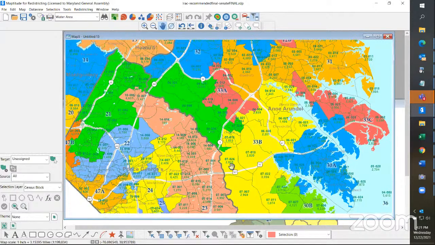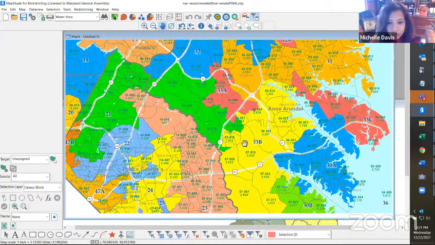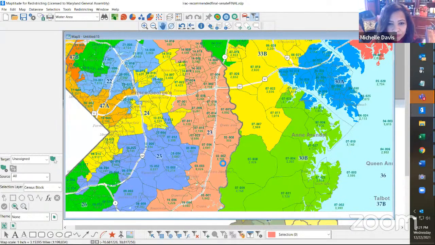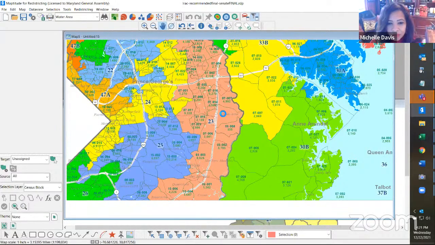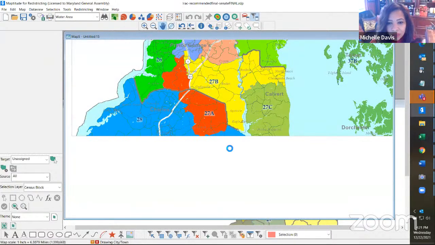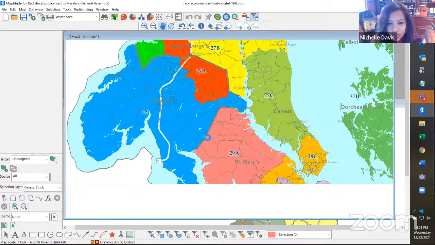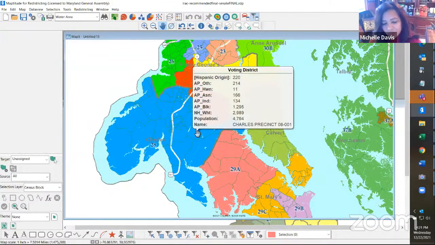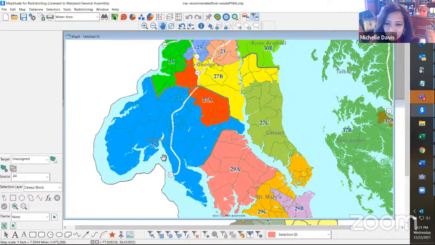Okay, I'm going to move into Southern Maryland here and back out a little bit. So this is a look at the Charles County, St. Mary's, Calvert area. Again, when you're drawing maps, there's not too much that you can do when you are starting from the edges, from the bottom.